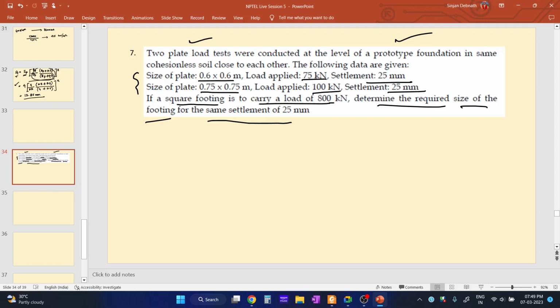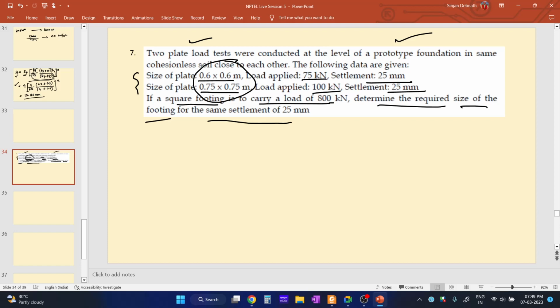So these are the sizes of the plates, and corresponding load and settlements are given. And here we have been asked that if a square footing is to carry an 800 kilonewton load, determine the required size of footing for the same settlement of 25 millimeter. Okay, so you need to find out the size of the footing.